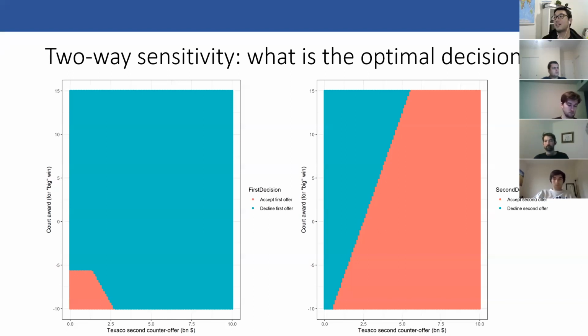And so contrary to last lecture where we just calculated the EVs and said this decision or this decision, now that you've done some sensitivity analysis, I can now be more or less confident about a particular decision.